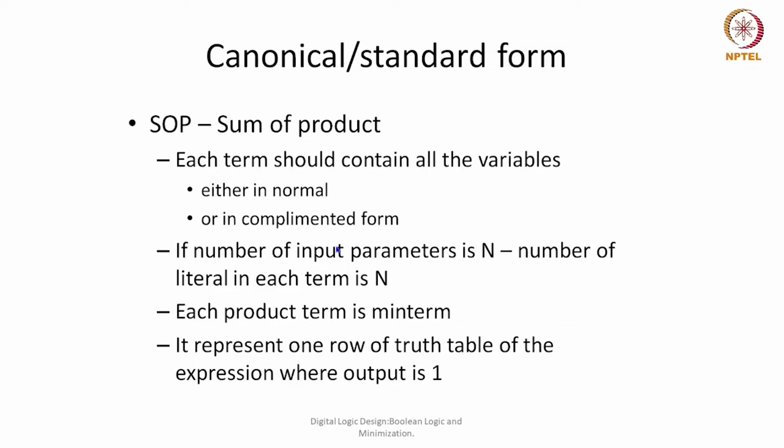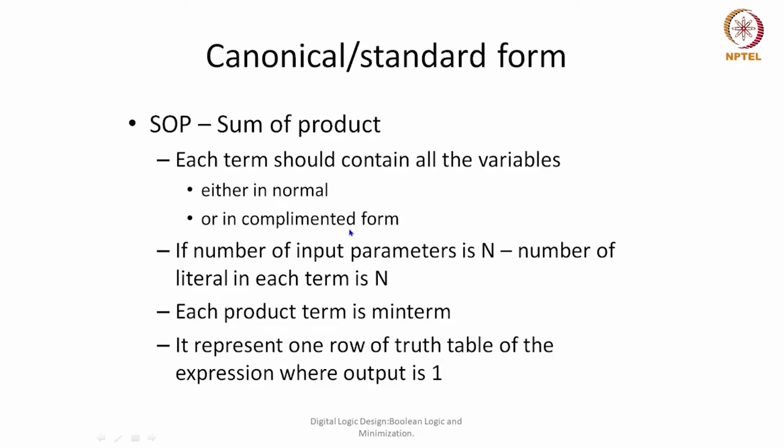One is called sum of product and another is product of sum. So, canonical sum of product form. Here, how many terms would there be? There would be a sum of product terms. So one term is a product term. In each product term, if there are n variables, all the variables should be present in each term, either in the normal form or in the complemented form.